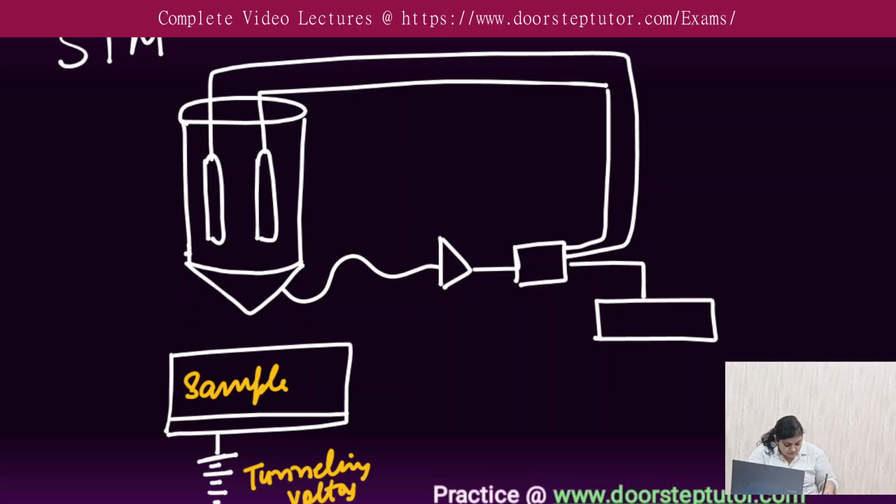There is a scanning tip, and in that you have electrodes placed, called piezoelectric electrodes. Basically, piezoelectric means the ones that allow the current to pass through.